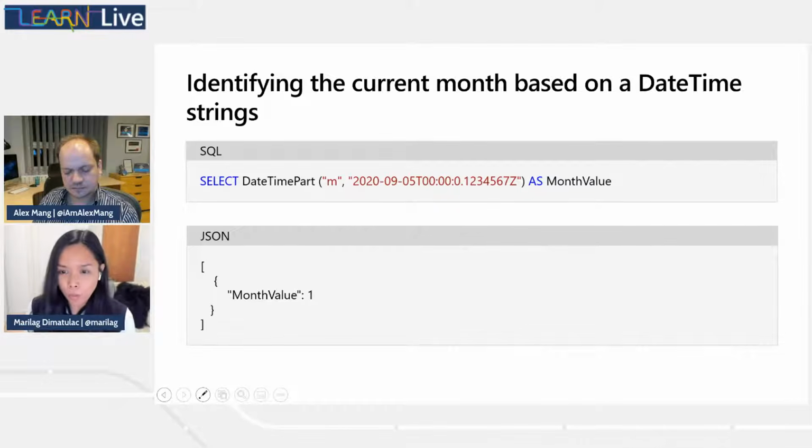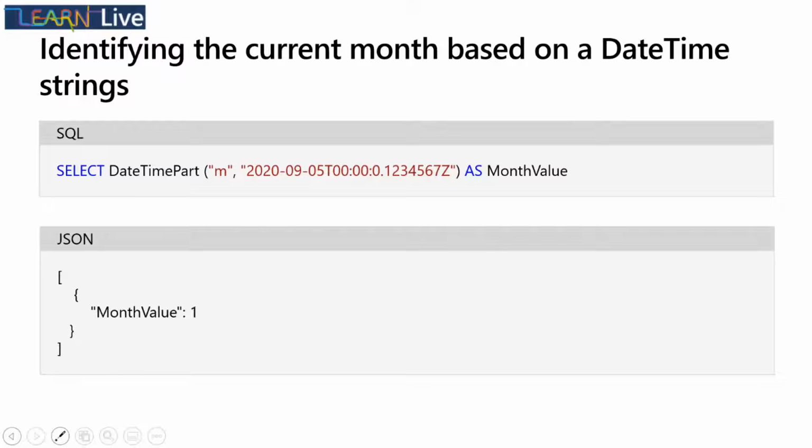And then there's also a way to build a datetime using DateTimeFromParts, wherein you pass, for example, your year, your month, your day, your hour, your second, in whatever precision that you need, as long as it's based, of course, on the ISO. And then give it an alias, like in this one, dateTime, and then you get your date from these different parts.